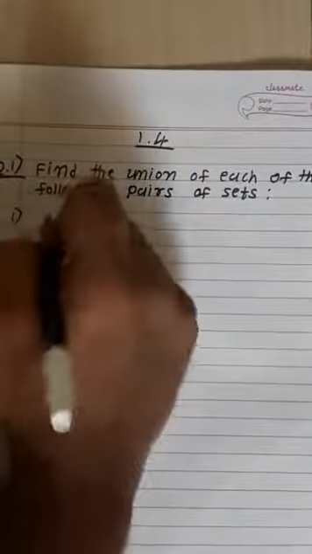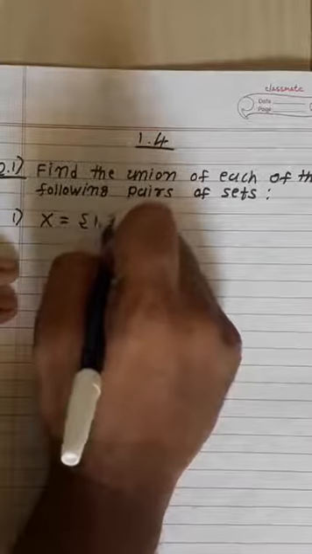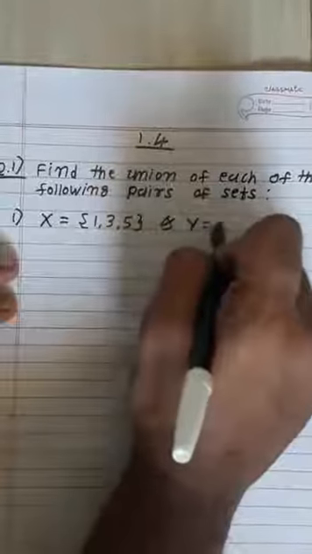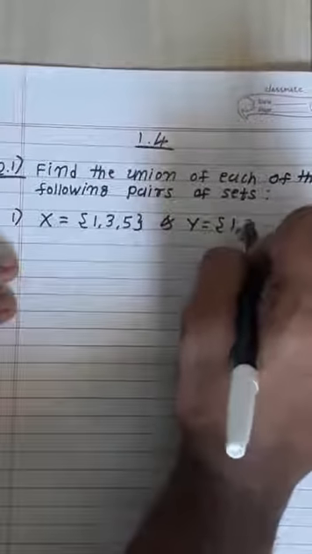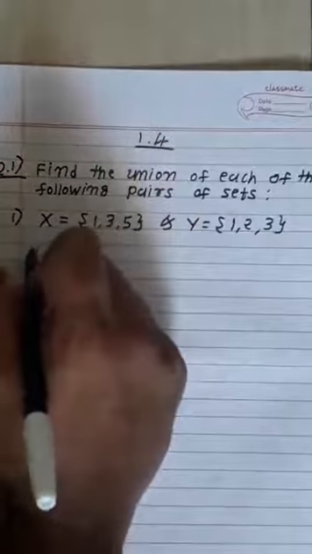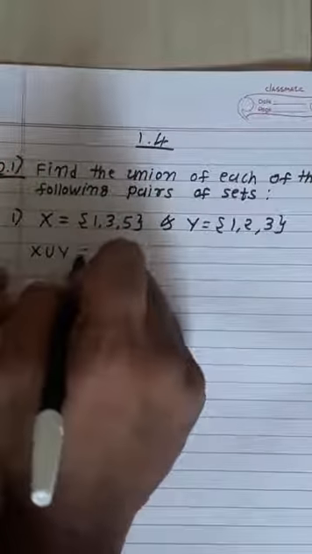First question: two sets are given, X is equal to the set of 1, 3, 5 and Y is equal to the set of 1, 2, 3. Now our question is to find X union Y.